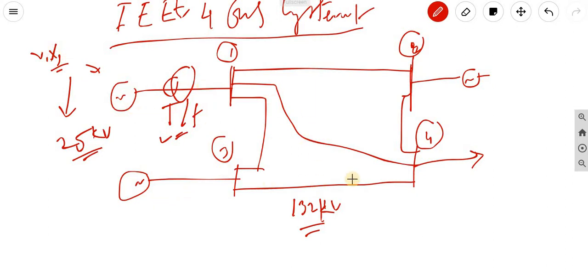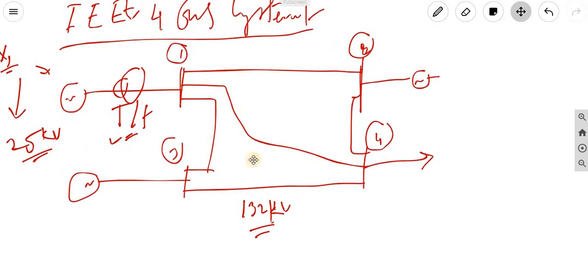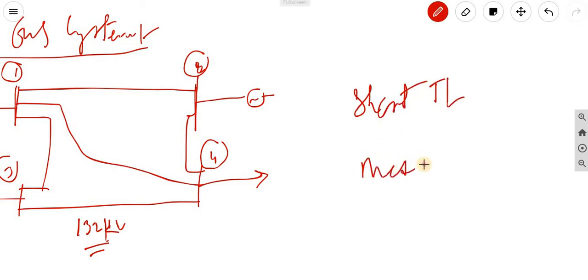We are also considering the line length. These are shorter lines, meaning a short transmission line is within 80 kilometers. There are short transmission lines, medium transmission lines, and long transmission lines.